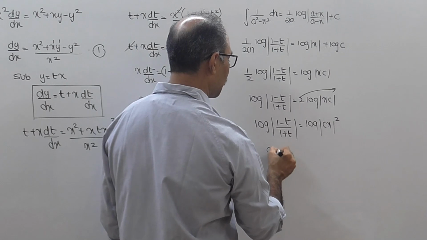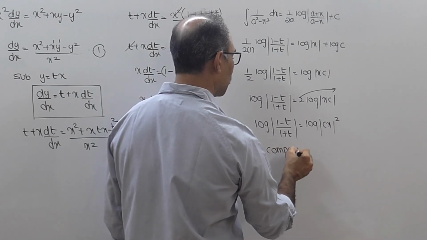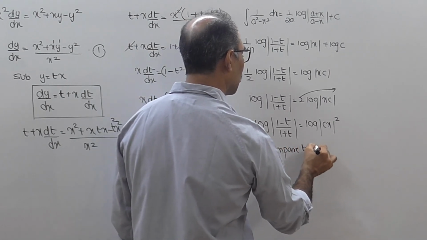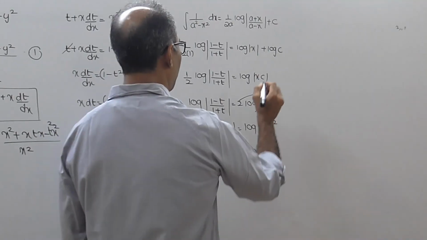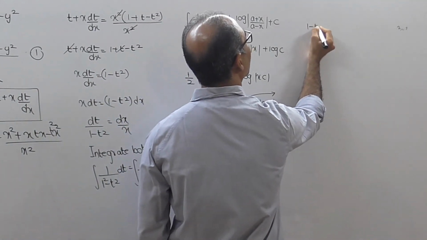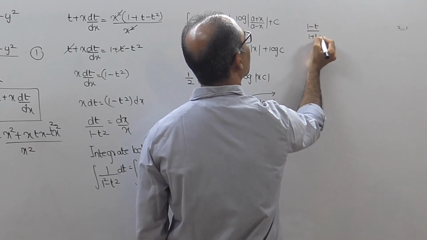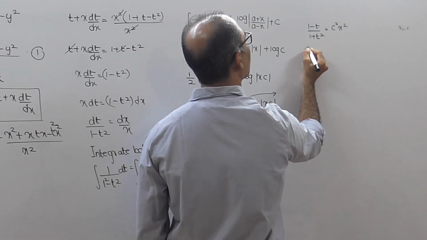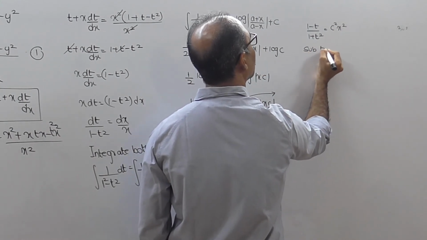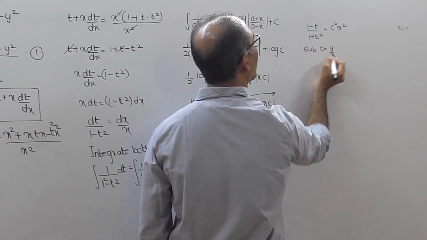Compare both sides. We get 1 plus t upon 1 minus t equal to c square x square. Now substitute t equal to y upon x.